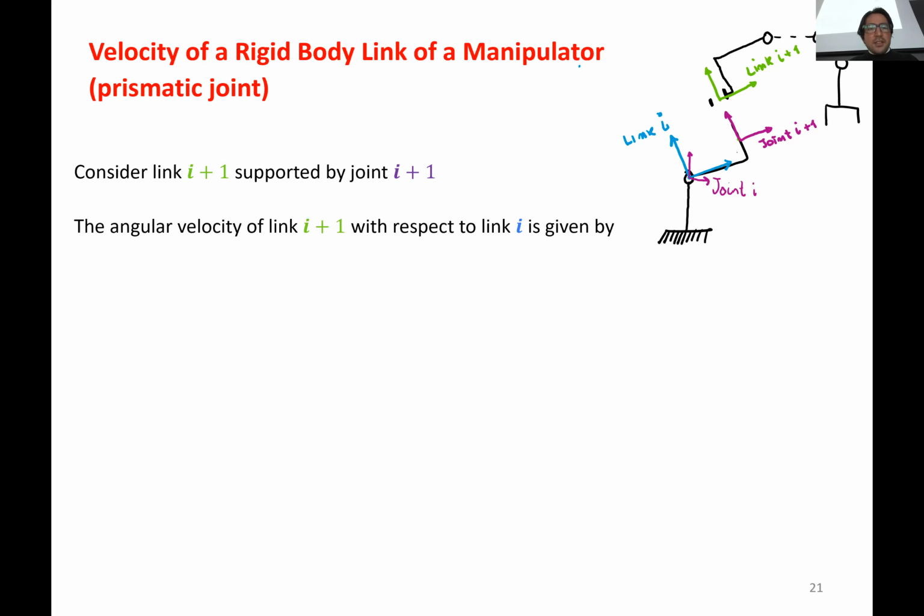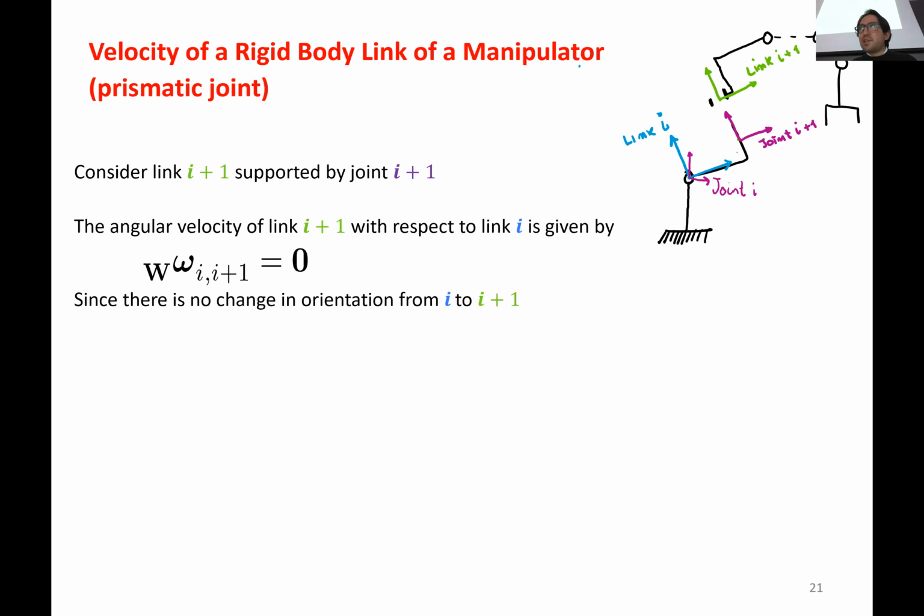So the angular velocity of link I+1 with respect to link I is given by, any guess? What is the angular velocity of link I+1 with respect to link I?